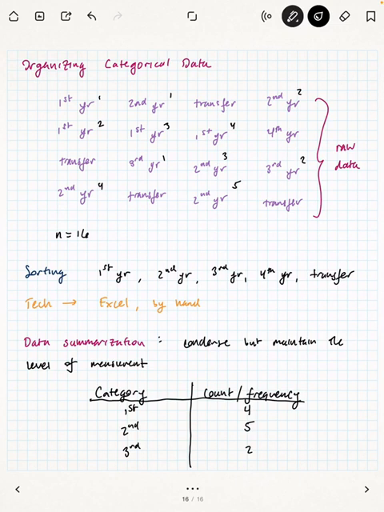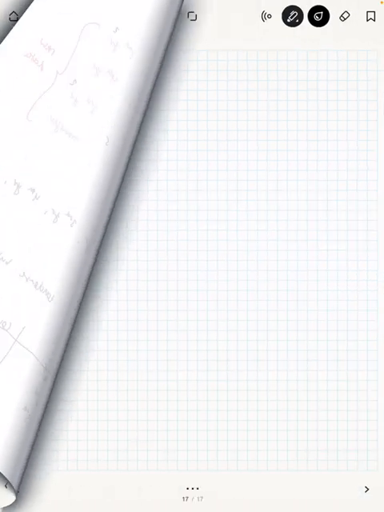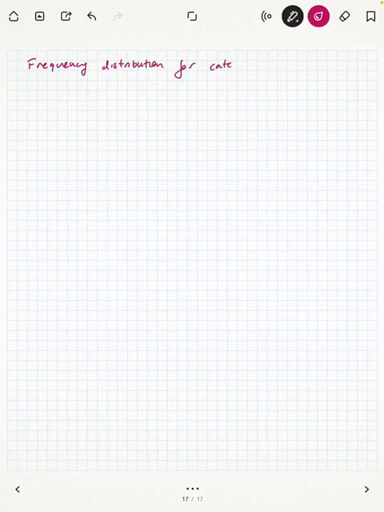You'll notice then that as we go on, each one of these labels should get counted exactly once. So properly though, what we're doing is we're setting up a frequency distribution for categorical data.